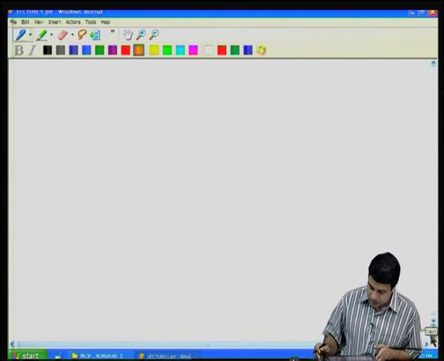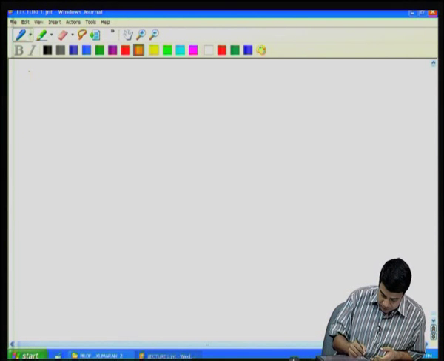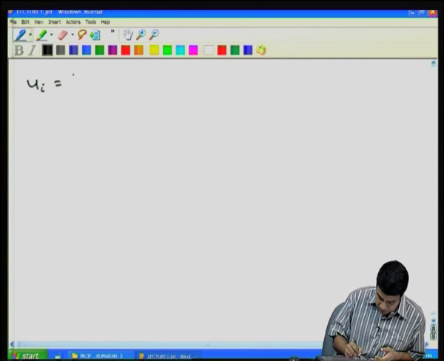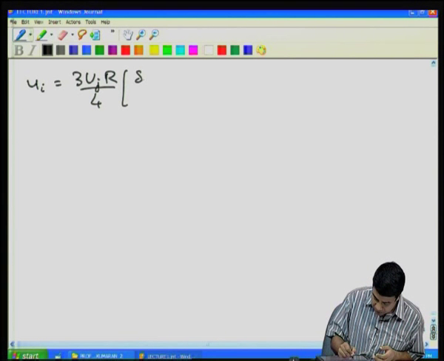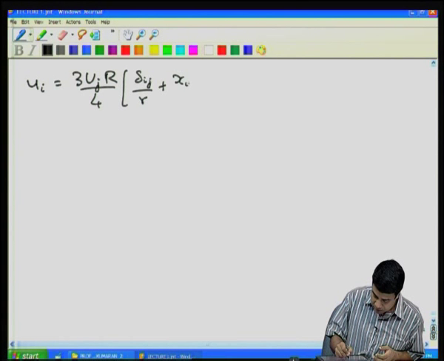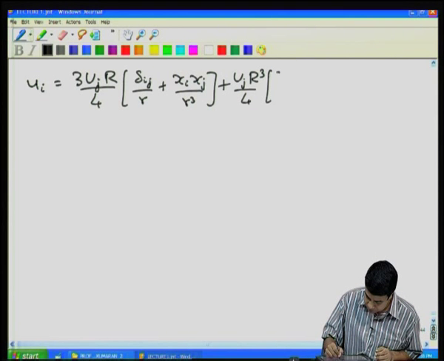And the final result that we got for the pressure and for the velocity field were: u_i is equal to 3 U_j R by 4 into (delta_ij by r plus x_i x_j by r cubed) plus U_j R cubed by 4 into (delta_ij by r cubed minus 3 x_i x_j by r to the fifth).